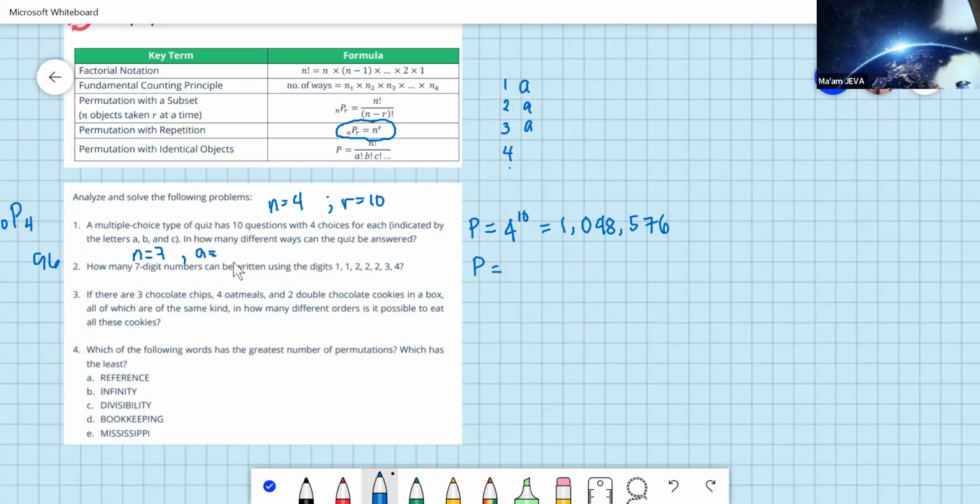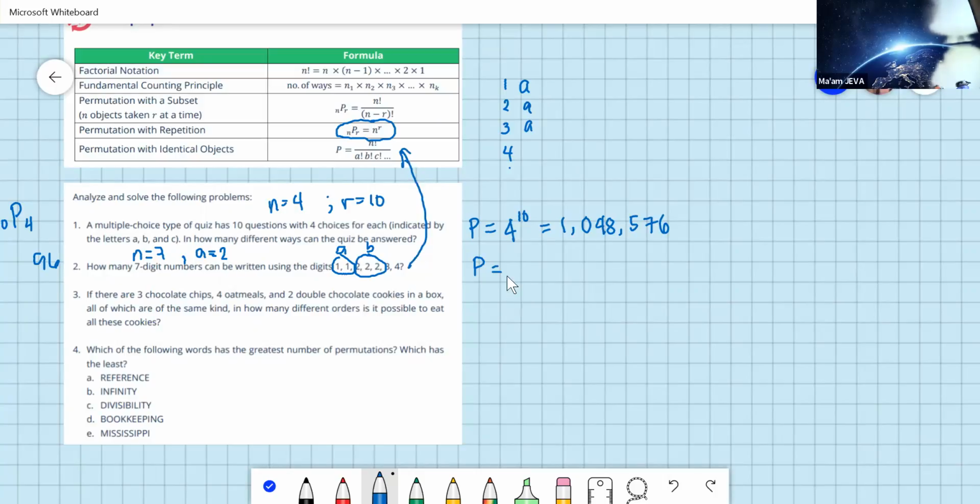How many times does 1 repeat? Twice. This is your A, then this is your B. Your C and D you don't need to write, because it's just 1 factorial. So you can substitute that to the formula.